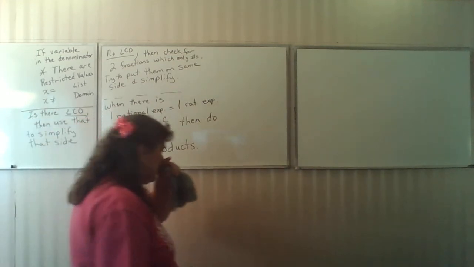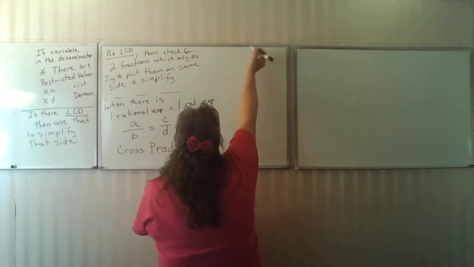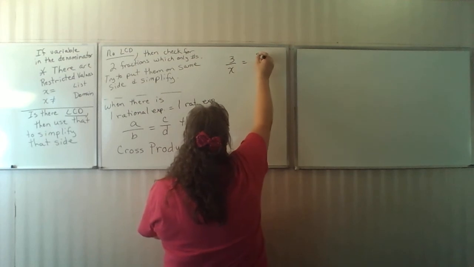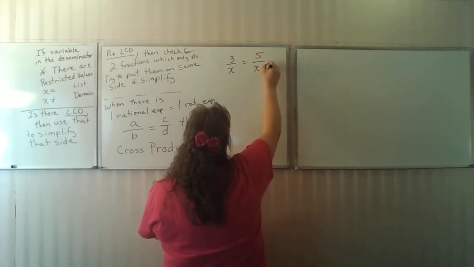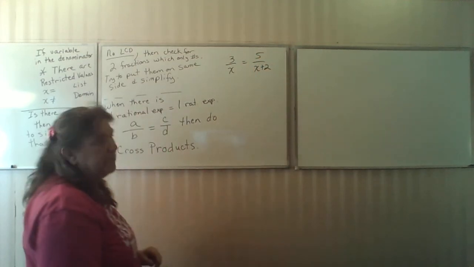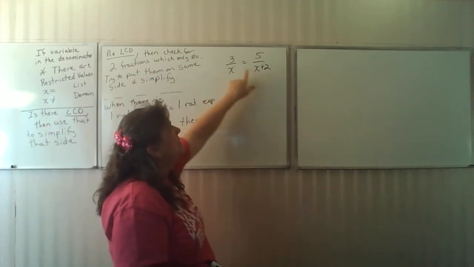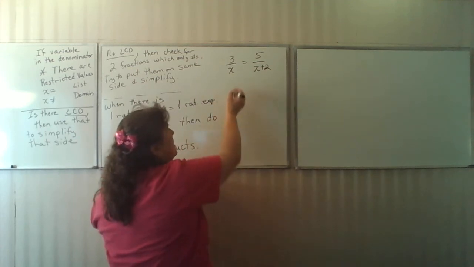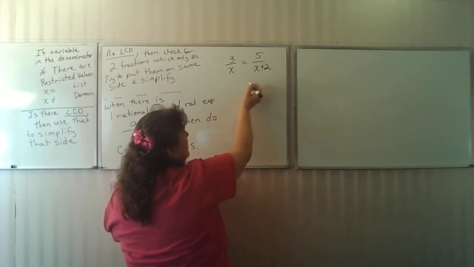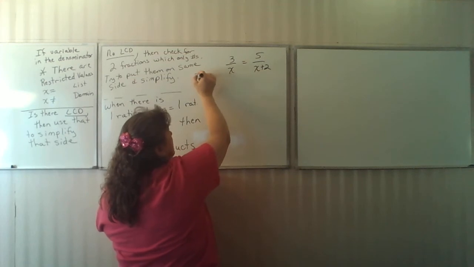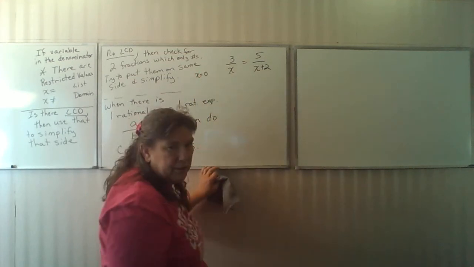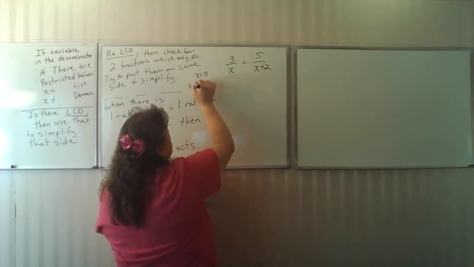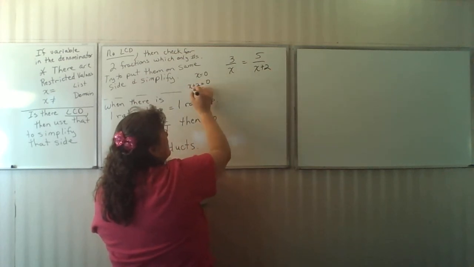So let's look at this. If we have 3 over x is equal to 5 over x plus 2. First step, do I have variables in my denominator? Yes, I do. So my first step is going to be to state my restricted values. So x equal to 0 is one restricted value, and x plus 2 equal to 0 will give me my other restricted value.